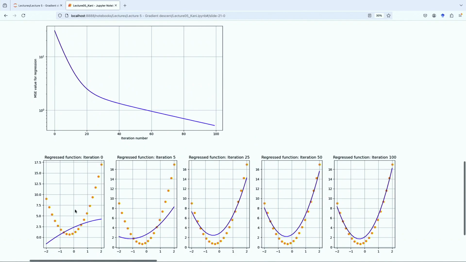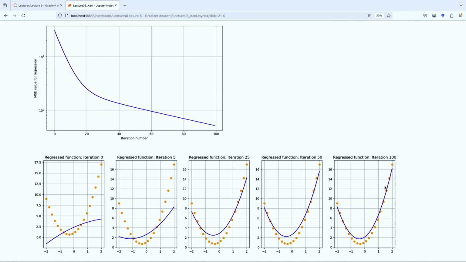If we do this 1,000 times, we start off with a function that doesn't match the data at all. But after a few iterations, we get a curve there that matches the function more. And then we get a bit more of a curve, and a bit more of a curve, until we get something that's pretty close. Okay?